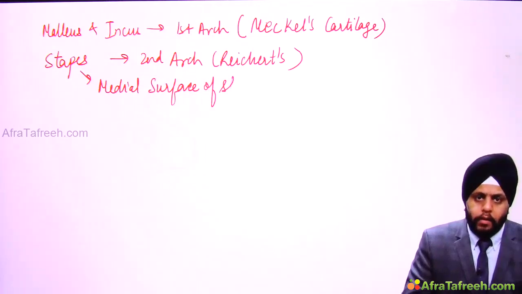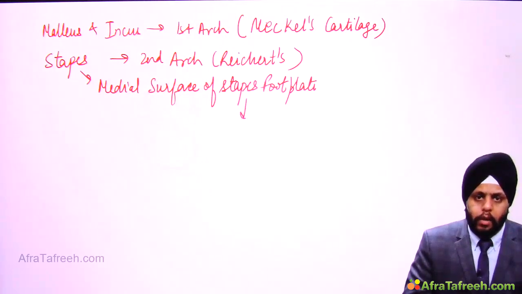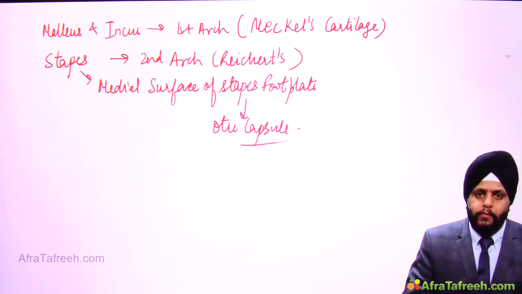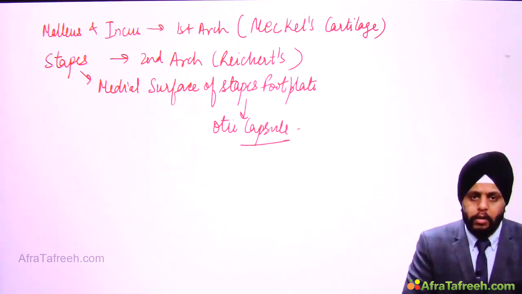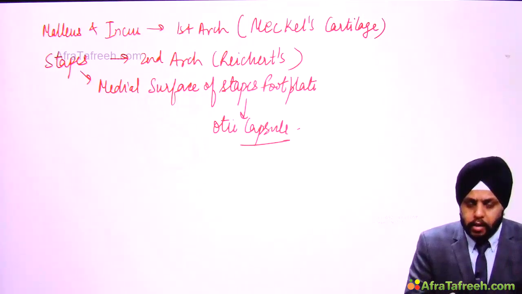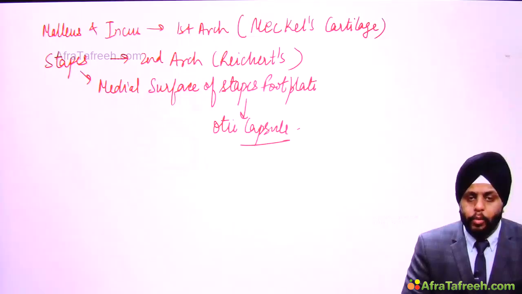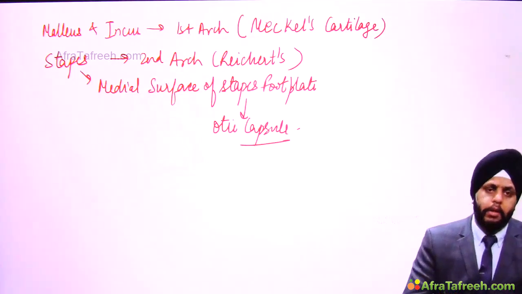The medial surface of stapes footplate develops from otic capsule. Otic capsule is the embryological cartilaginous framework that forms the bony labyrinth. It is derived from secondary mesoderm, neural crest cells. All right.